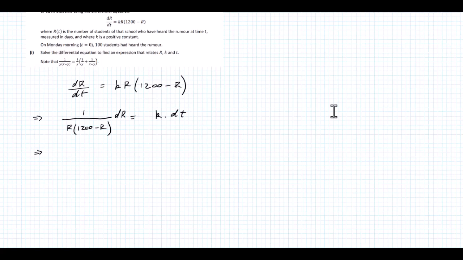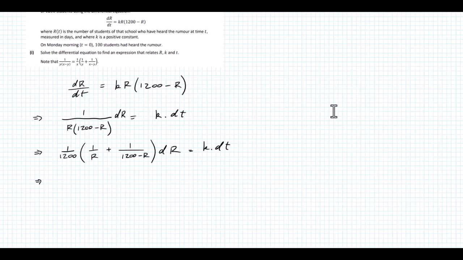So let's just take this here and use this to change the way it looks. So we have 1 over, this is going to be my y, 1200 is going to be the x. So let's just write it in that format. So we've got 1 over the x, which is 1200, times (1 over r plus 1 over 1200 minus r) dr, and that's equal to k dt there, if you like.